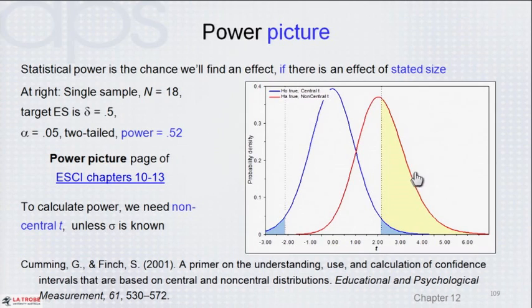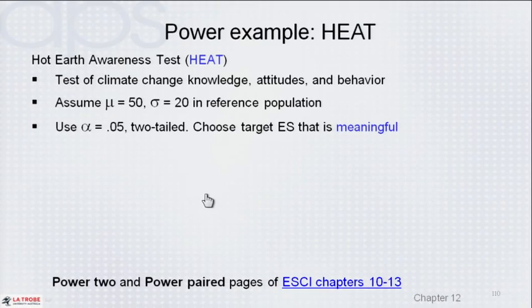And perhaps even without going into ESCI and playing with this, you can see that if you move this red distribution over a bit, then power gets quickly very much larger. So power, statistical power, depends critically on the target effect size. And we have a little bit about that in this article. I am going to say a little bit about statistical power.